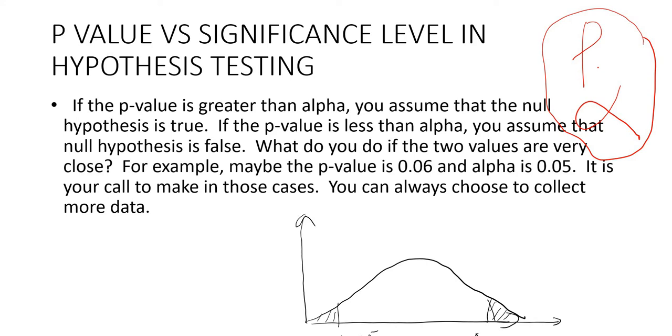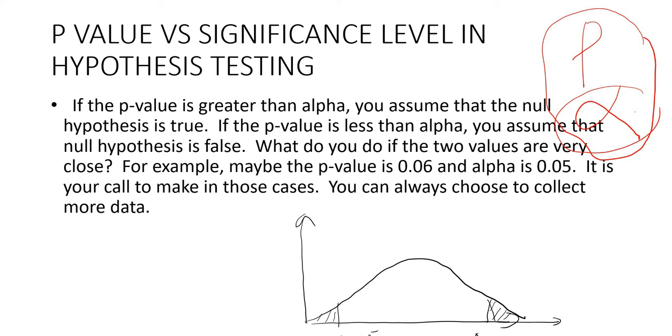Everything depends on p-value and the significance level alpha. It is a Greek letter we use to denote significance level. These two are very important. You have to learn it. There is a separate video in the playlist. Please watch those videos and learn it.